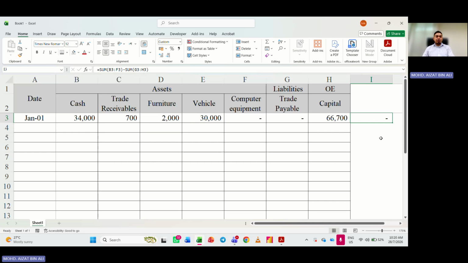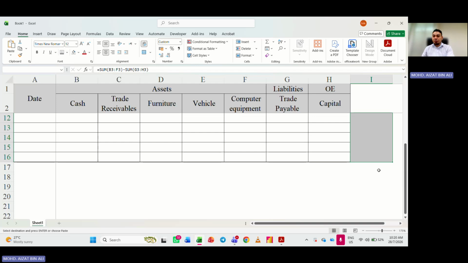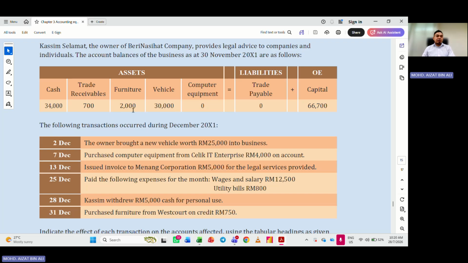Total debit minus total credit is zero, meaning they have the same amount. We're going to paste this formula just for our rechecking purpose later. Now we can start recording the first transaction.